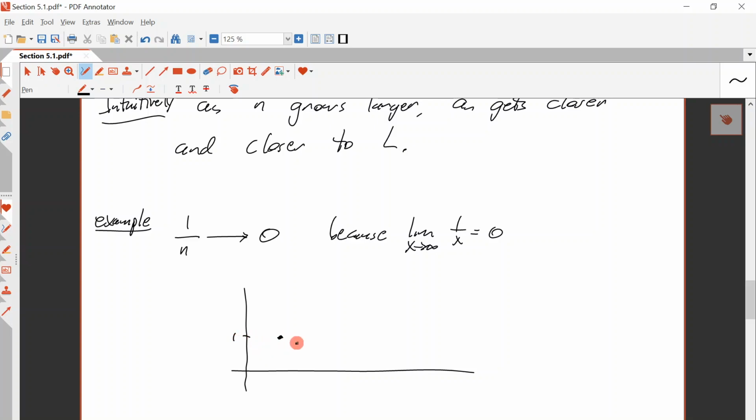Here's 1, and there's a_1, a_2, a_3, a_4, a_5, a_6. It's a sequence that decreases in value and eventually gets as close to the x-axis as you would like it to be, or the n-axis, where the n-axis is where y is equal to 0.